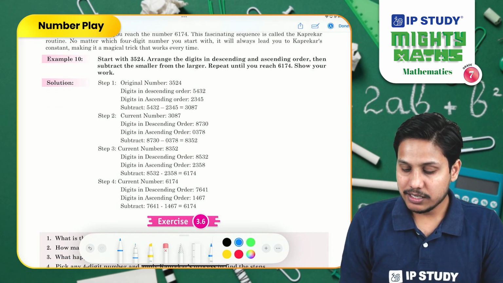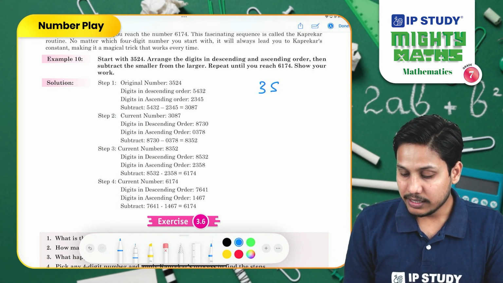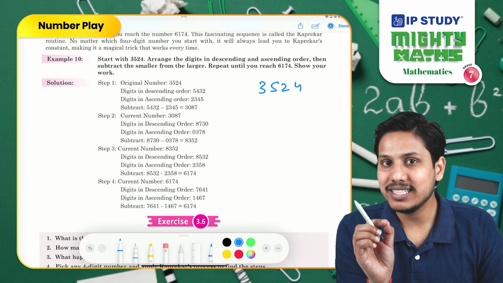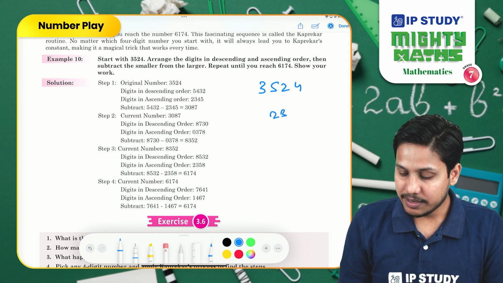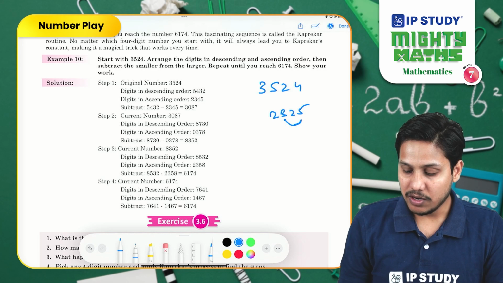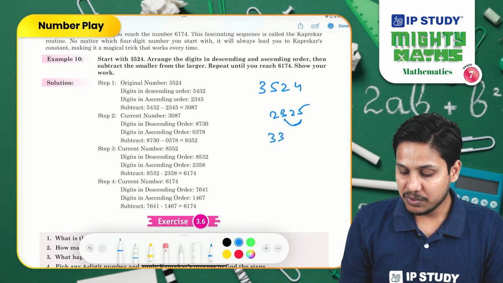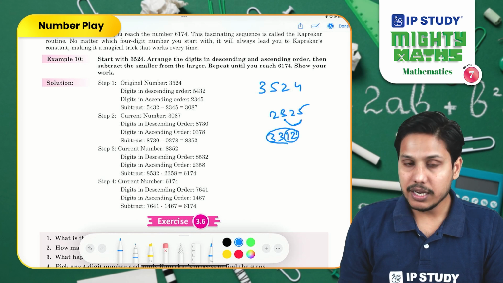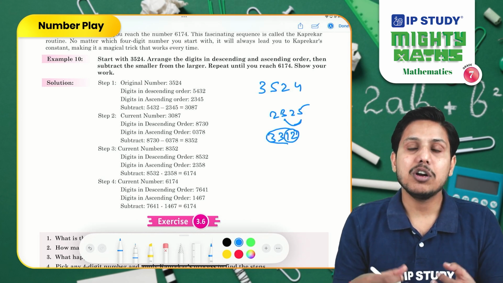The rule is you have to take a number, and the number should have at least two distinct digits. Here at least two digits are distinct. Let's suppose we have a number, then these two digits must be different. All the digits cannot be the same.